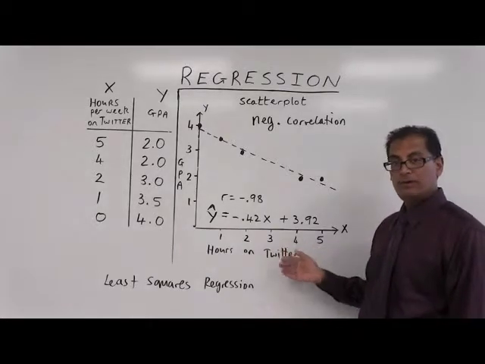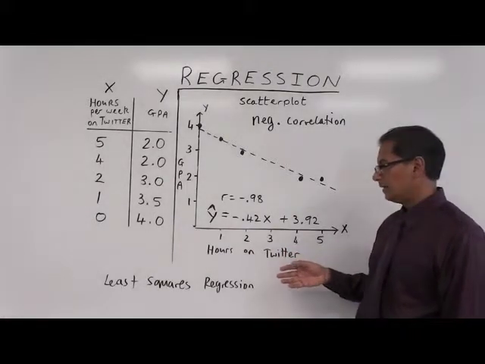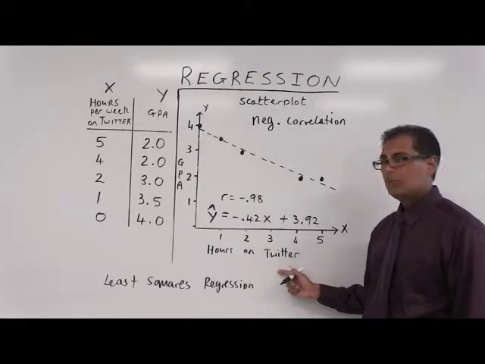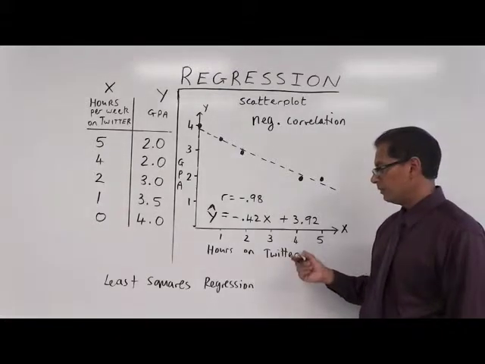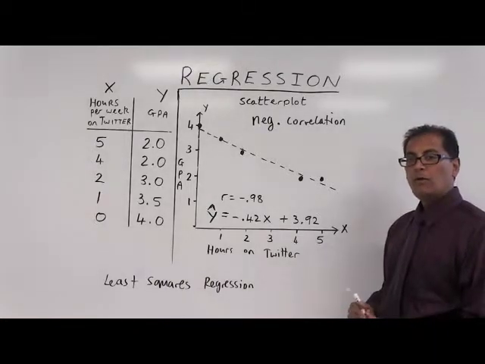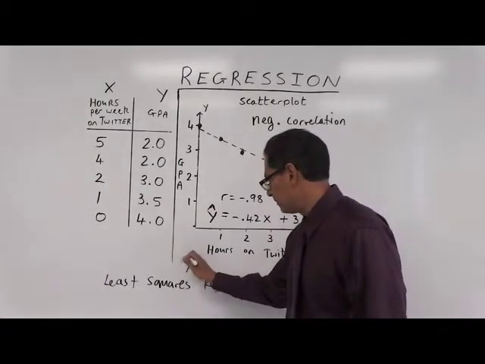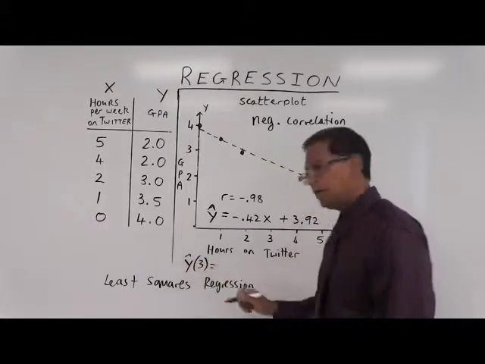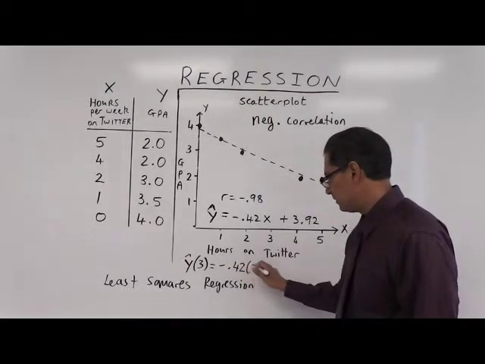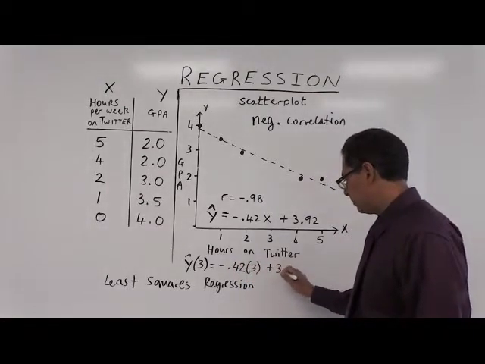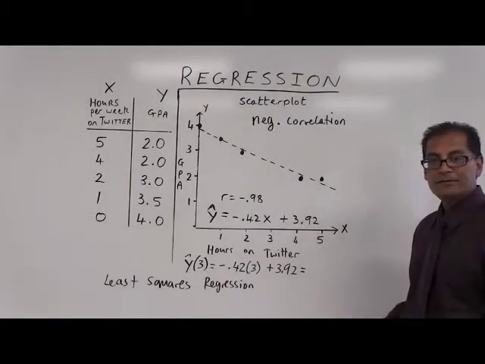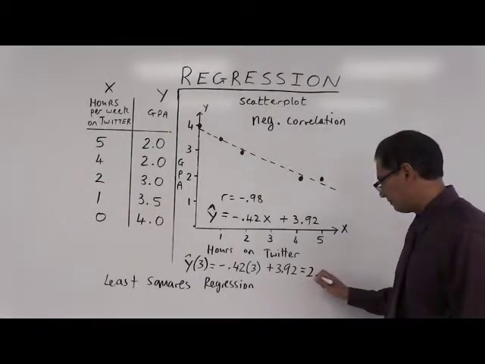So for example, if this relationship were true, and we'll talk about it in a minute, but if this were a true relationship here, in other words, these hours on Twitter were affecting GPA, if I said, well, let's predict the GPA of someone who spends 3 hours a week on Twitter, well, then we would calculate y hat of 3, and we plug it into our equation, and we'd get y hat of 3 is negative 0.42 times 3 plus 3.92. We plug that into our equation and calculate that out to get 2.66.